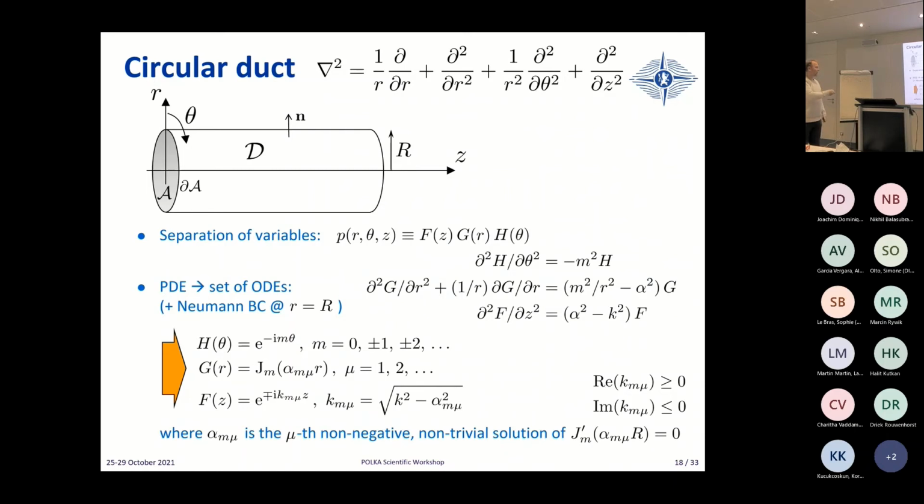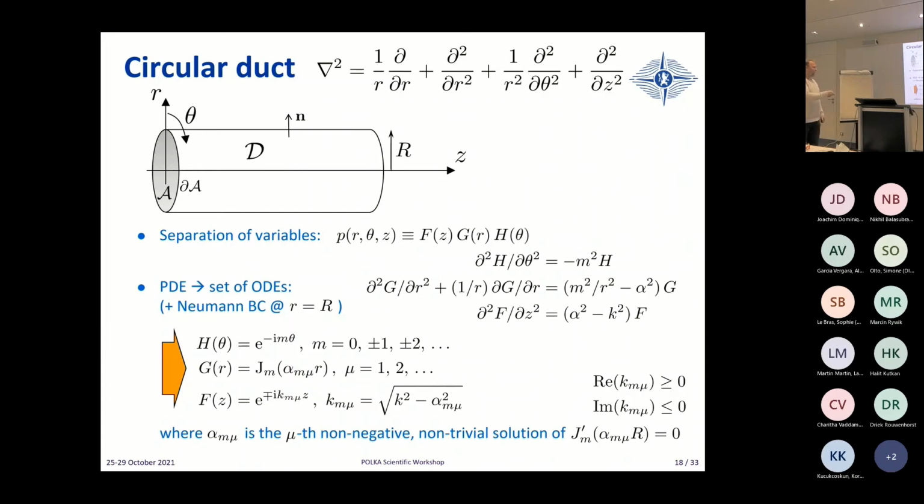Okay, so that gives you this shape with m being an integer value, positive or negative. You have then the radial function that is now a Bessel function of the first kind, where m is the order of the Bessel function, and mu is going to be the zero of the derivative of the Bessel function, but this is all tabulated for you.